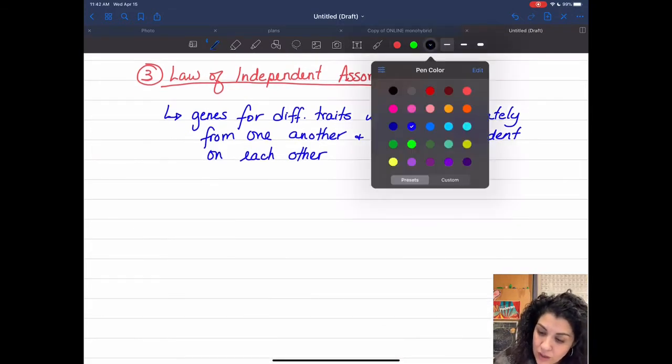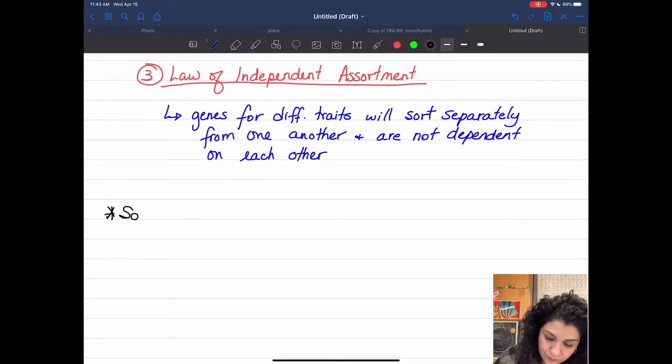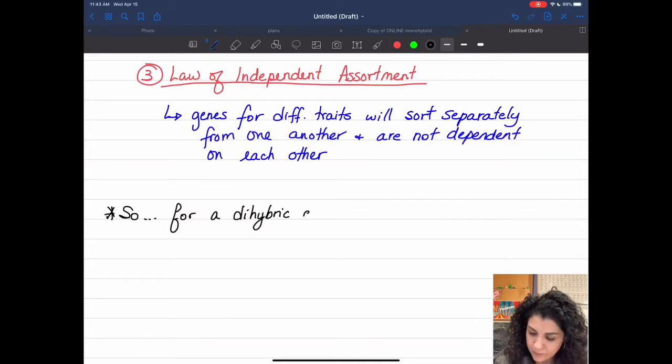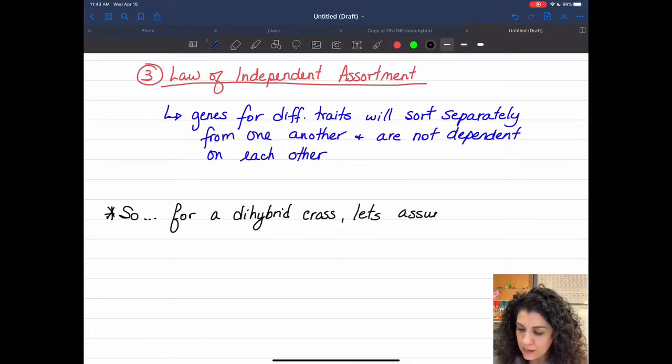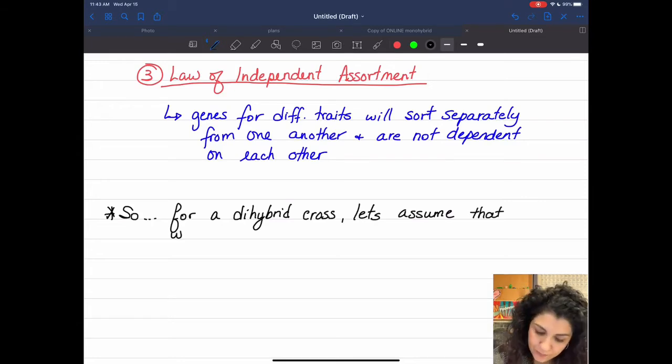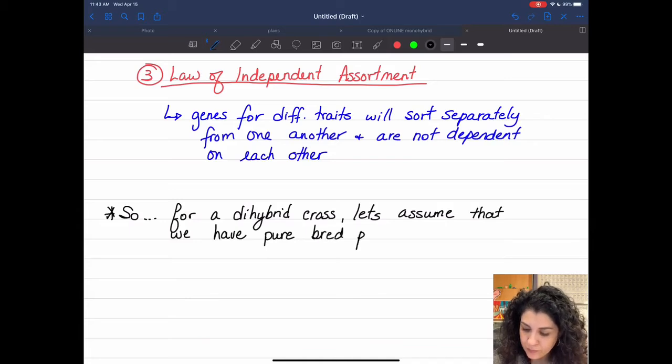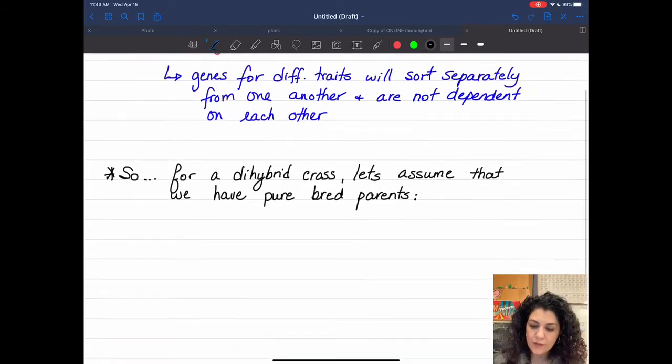So for a dihybrid cross, let's assume that we have a couple of parents that are purebreds, and let's give them some characteristics.